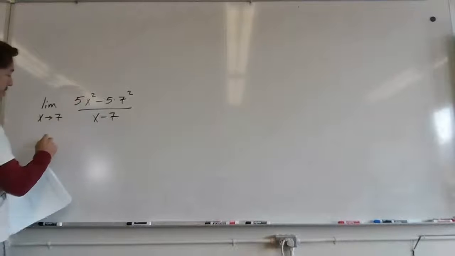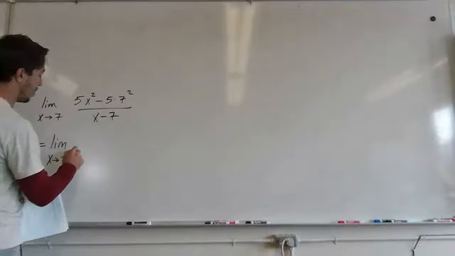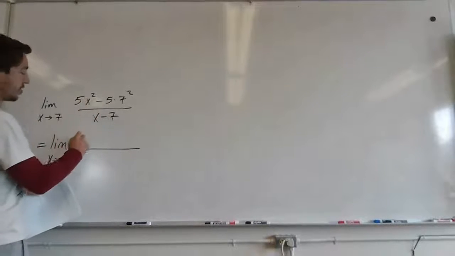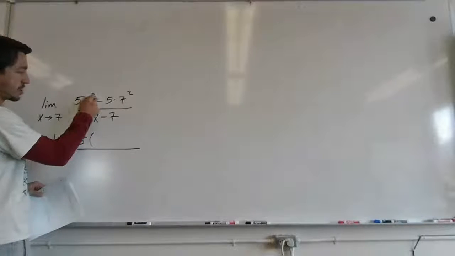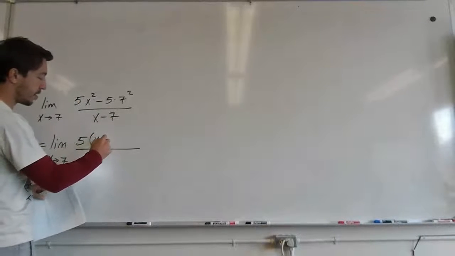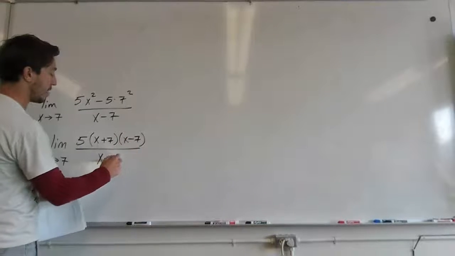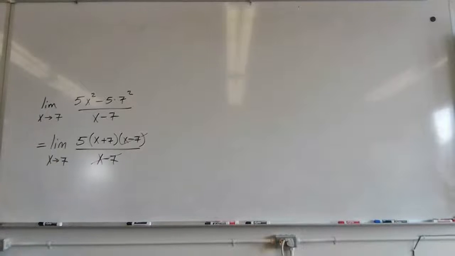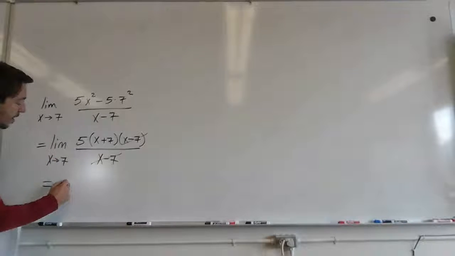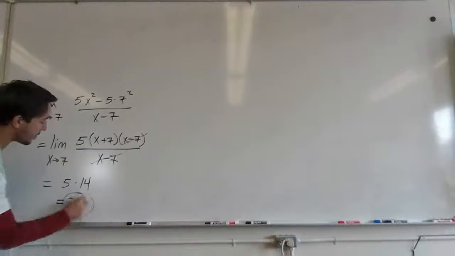So you factor out the 5 here, and what's left over is x squared minus 7 squared, which can be factored into x plus 7 times x minus 7. Then we get a glorious cancellation, and now I can plug in 7. I just get 5 times 7 plus 7, and that is 70.